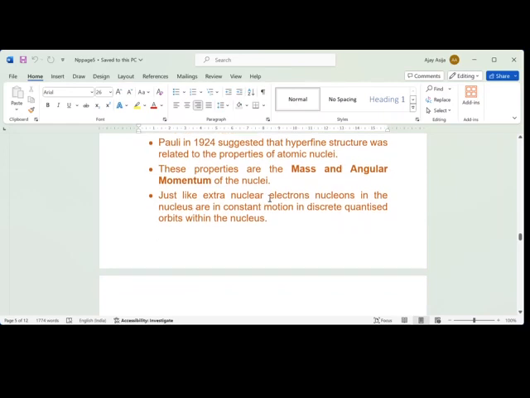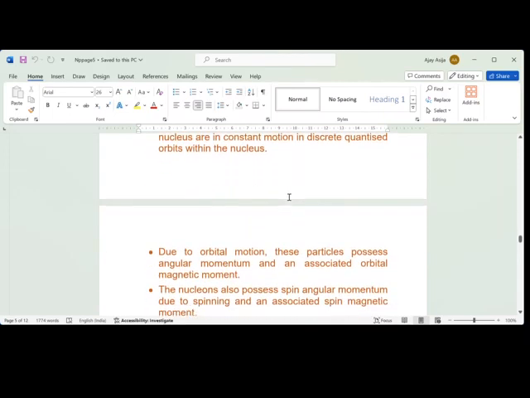Just like extra nuclear electrons, nucleons in the nucleus are in constant motion in discrete quantized orbits within the nucleus. Extra nuclear electrons means electrons which are revolving around the nucleus, and these electrons are revolving in discrete quantized orbits. Similarly, nucleons in the nucleus are in constant motion in discrete quantized orbits.